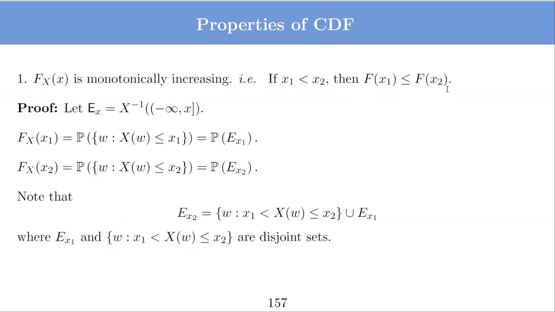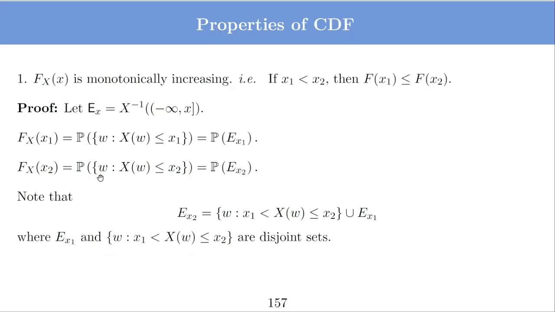So it's a monotonically increasing function. How do we prove this? Right. So let us take E_x equal to the pre-image of (-∞, x]. Okay. So from this definition, we know that F_X(x1) is nothing but the probability of E_x1. Because E_x1 is the pre-image of (-∞, x1], and the probability of that is nothing but F_X(x1) by definition.